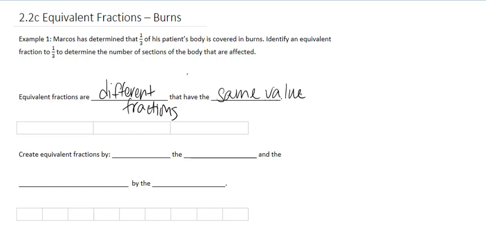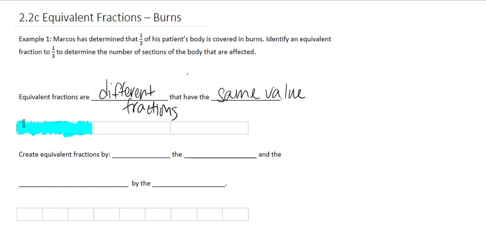Marcos has determined that one of the 3 parts of the patient's body is burned. So let's draw this out. We're just going to go ahead and shade one of these boxes to show that 1 out of the 3 parts is burned.